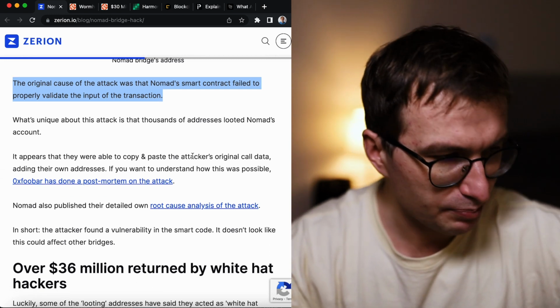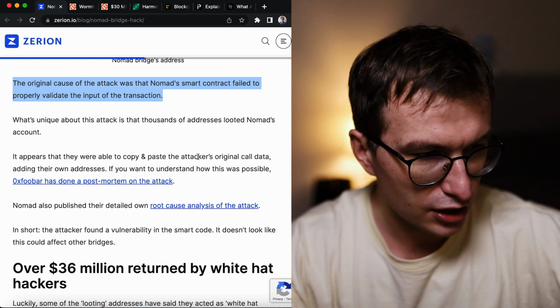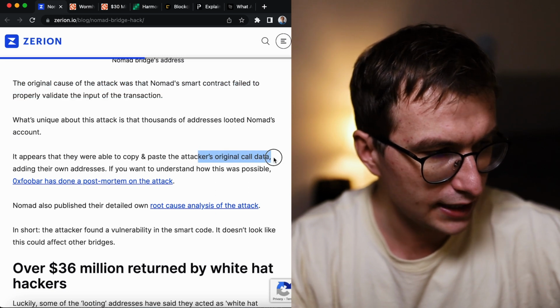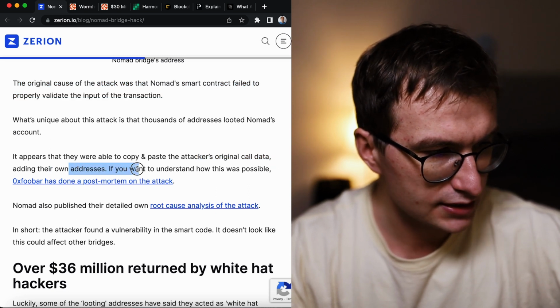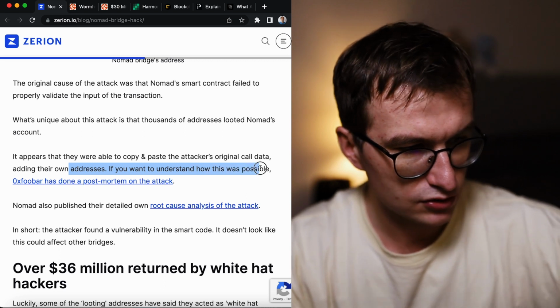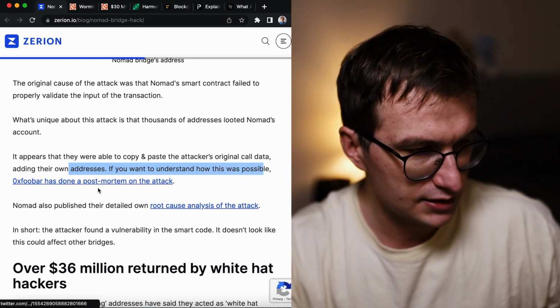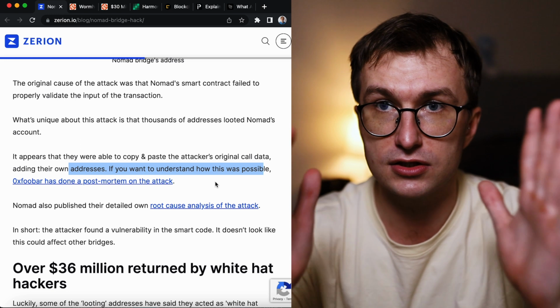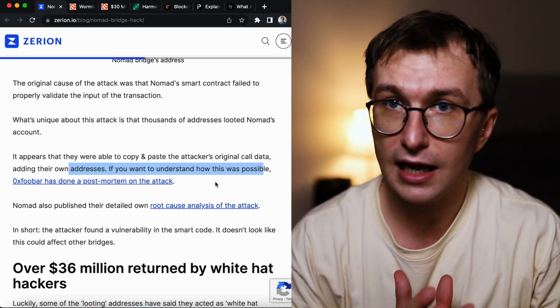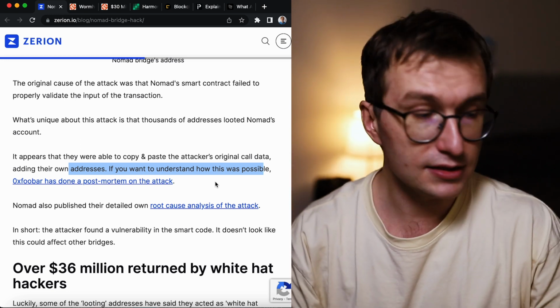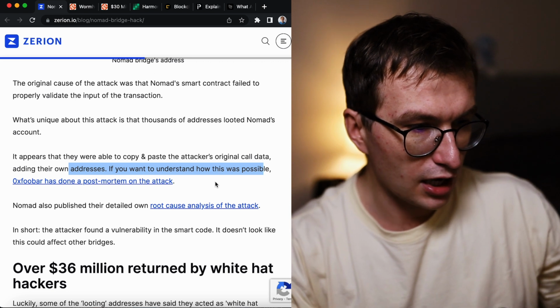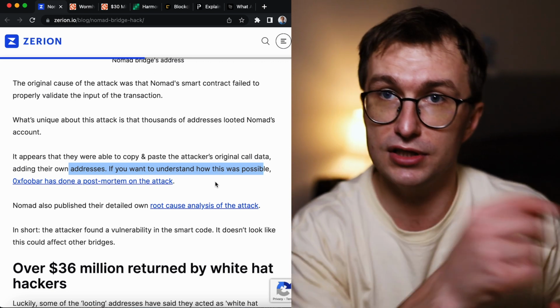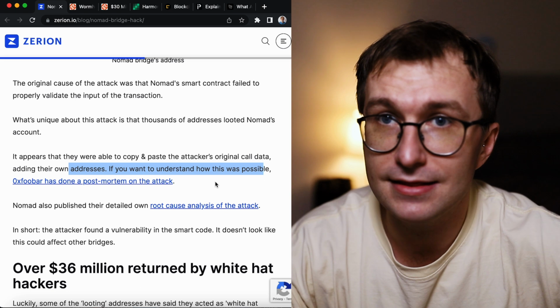It appears they were able to copy-paste the attacker's original call data, adding their own address. If you want to understand how it was possible, there is this subject, you can easily Google that. So there was an attacker exploiting that, and once the others saw that, they copied the attacker's original call data, put in their own address, and that's it.